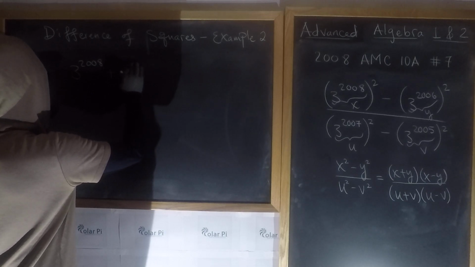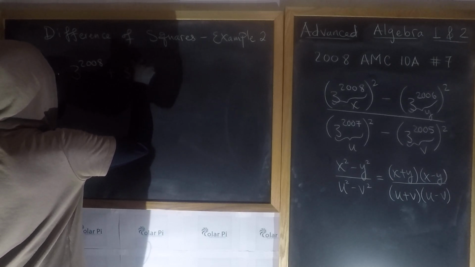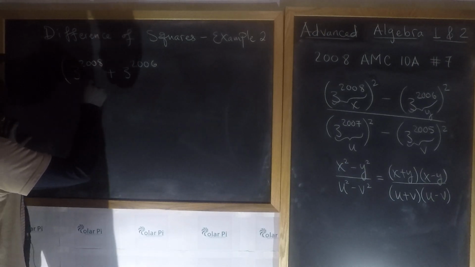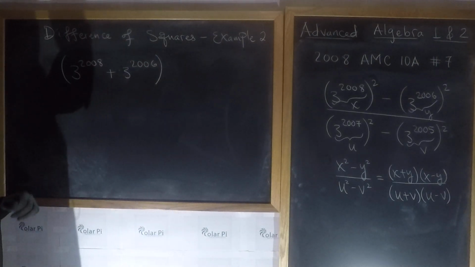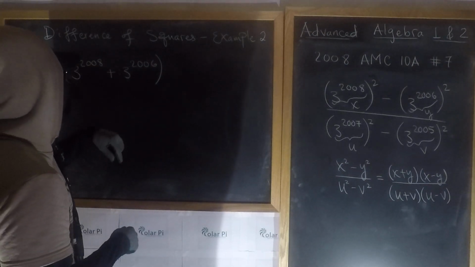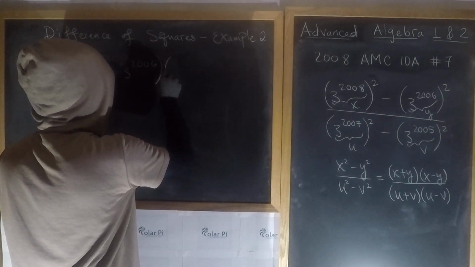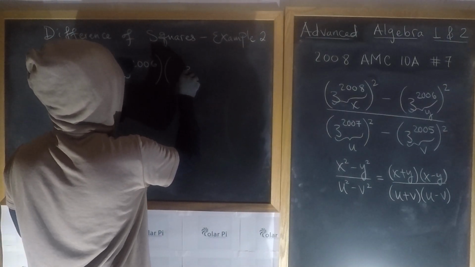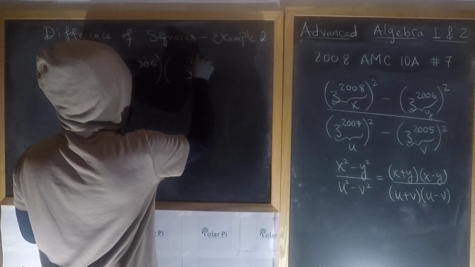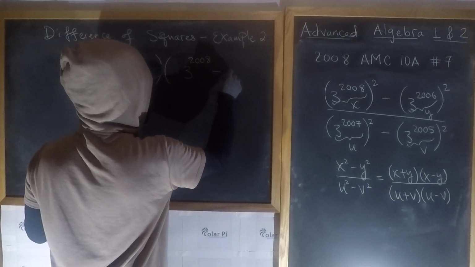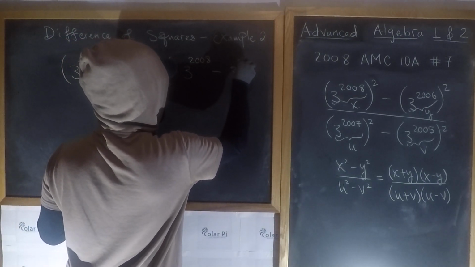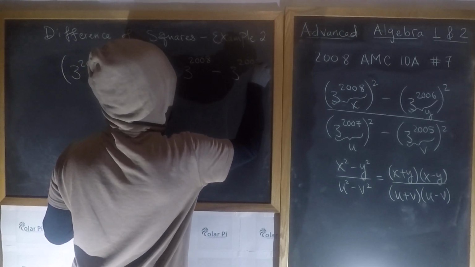Sorry guys, I care maybe a tad bit too much about neatness. Then times x minus y, so 3 to the 2008 minus 3 to the 2006.